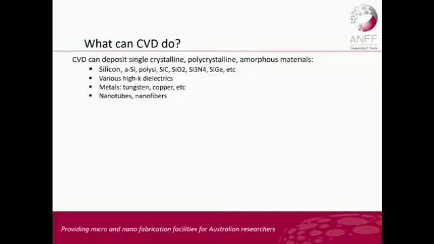So we have the PVD process. Why do we need a CVD process? CVD process can deposit single crystalline, polycrystalline, amorphous material, including single crystalline silicon, amorphous silicon, and all these silicon-based dielectrics. And also you can deposit high-k dielectrics and metals, especially in industry, people use tungsten CVD and copper CVD.